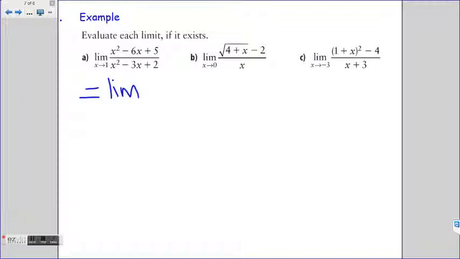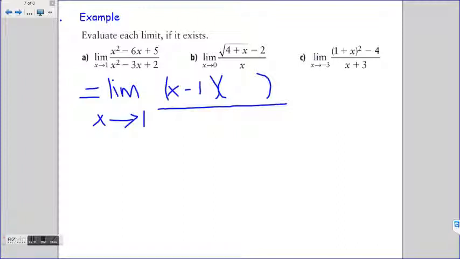Since we're not evaluating quite yet, we're just going to rewrite the limit as x approaches 1. We're going to factor the numerator. It's a simple trinomial, so I'm just going to split it up into 2 brackets. What multiplies to 5 and adds to negative 6? So x minus 1, x minus 5.